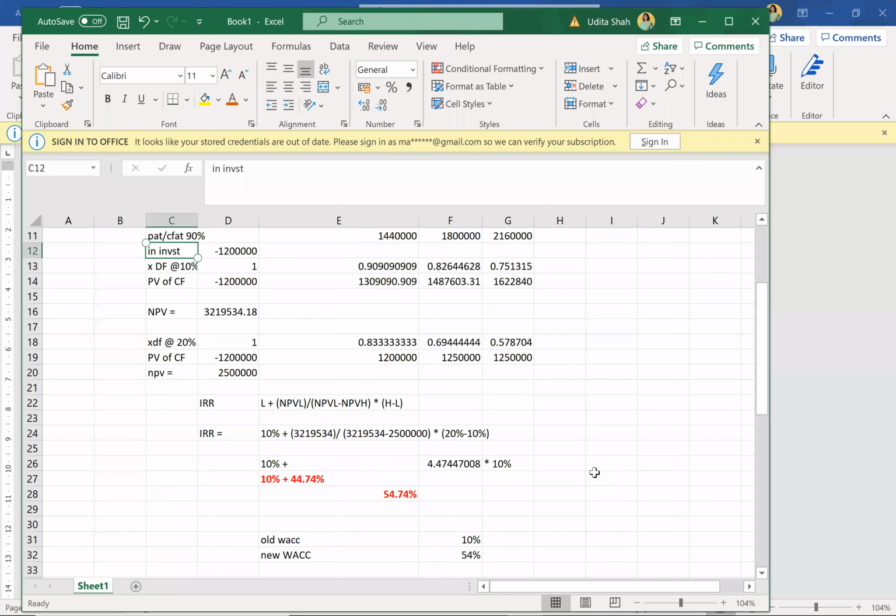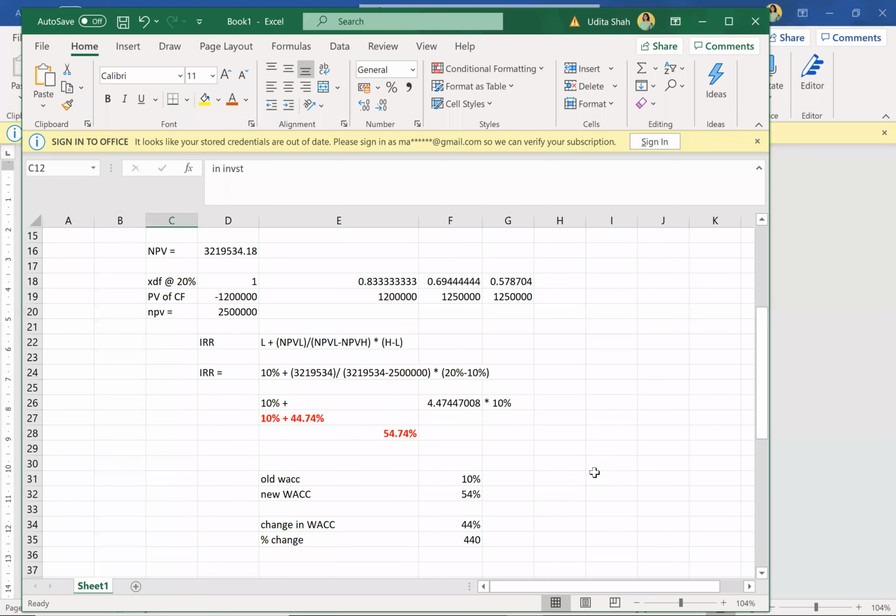Okay, so here also we don't need to bother about percentage change, right? Because it is 440%. Change upon original into 100. So management doesn't need to bother about WACC.